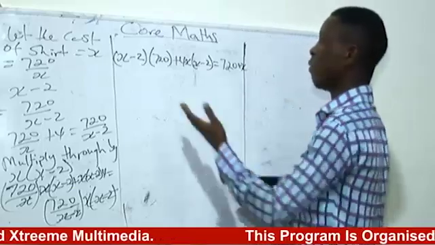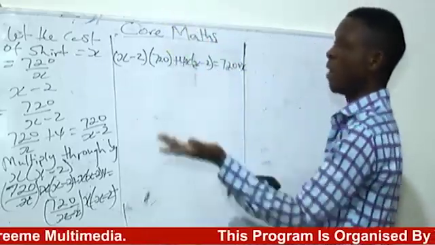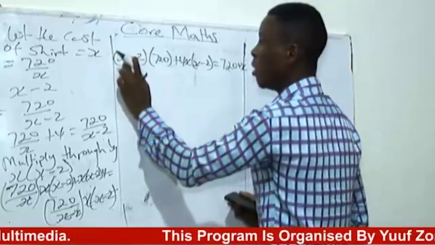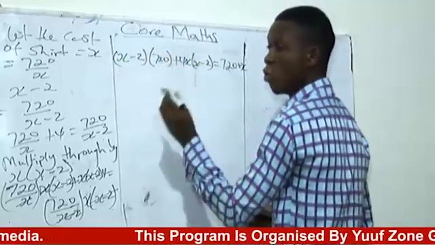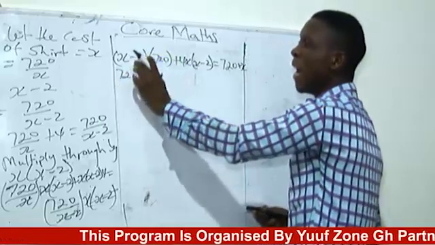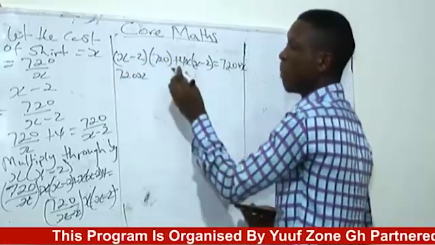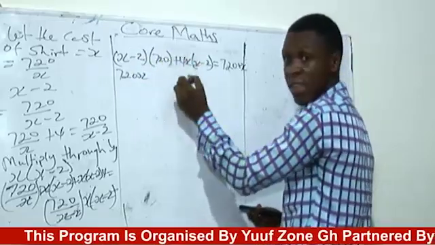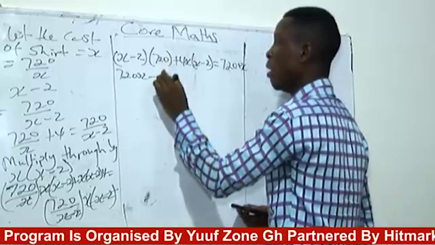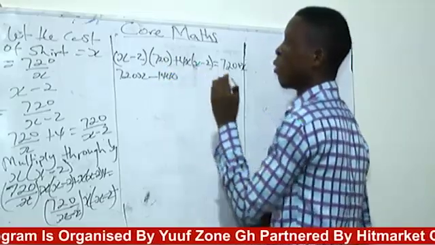Then from this level, what are you going to do? You are going to expand the bracket, do away with the bracket. So with that, we will use s to multiply this 720, which will give us 720s. Then we use minus 2 to multiply 720, and when you put that on your calculator, you'll be getting 1440.